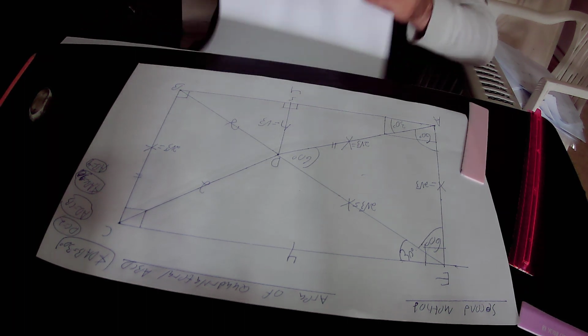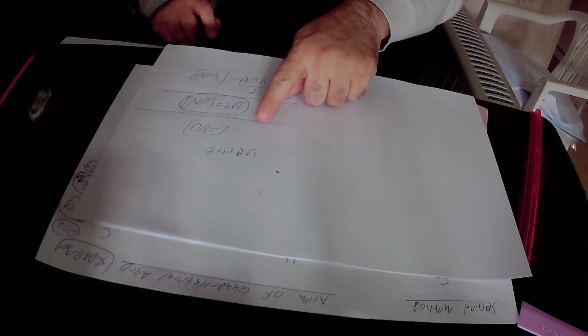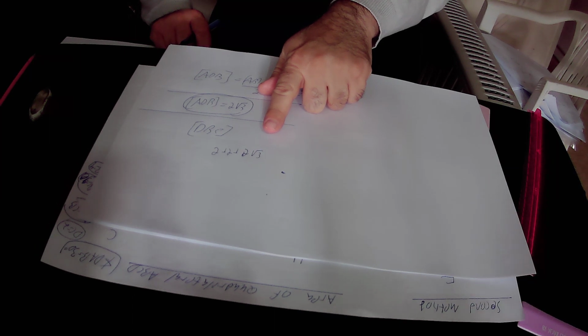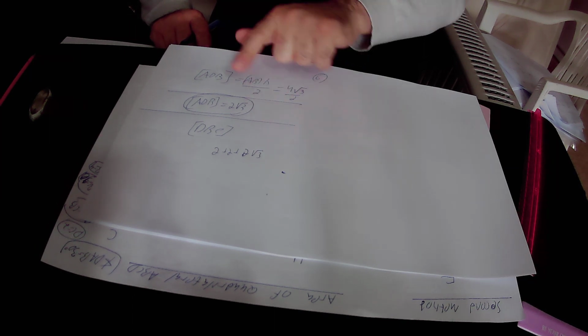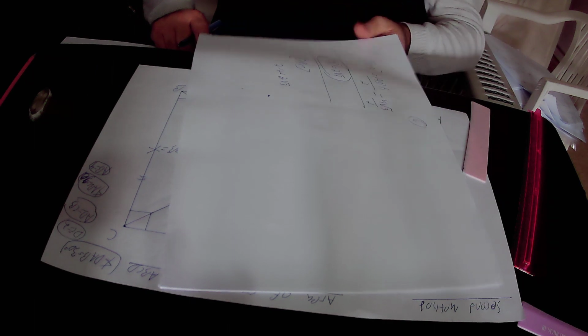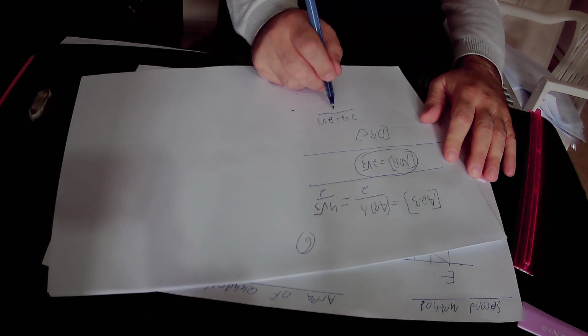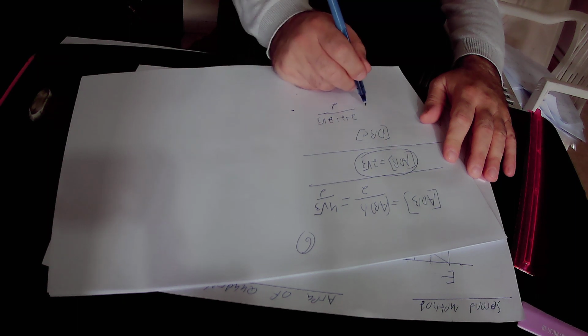I repeat again, the perimeter of triangle DBC is 2 plus 2 plus 2 times square root of 3. If we divide the perimeter by 2, we will get the semi-perimeter. S is the semi-perimeter.